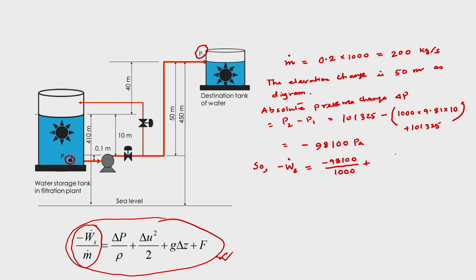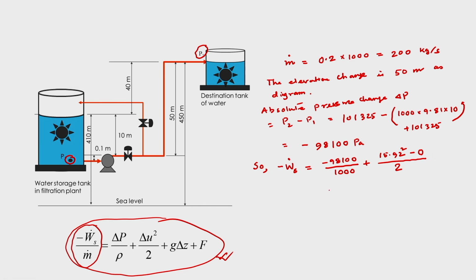We get the velocity from the flow rate, 15.92, squared, minus the initial velocity 0, divided by 2.